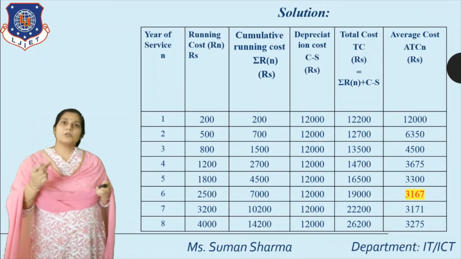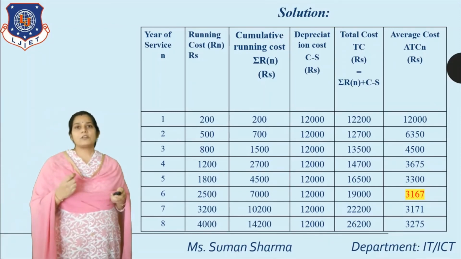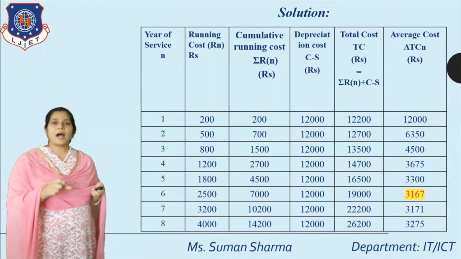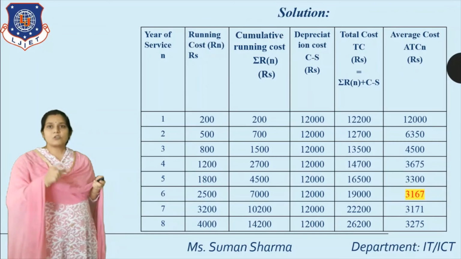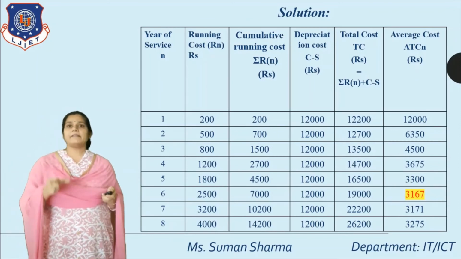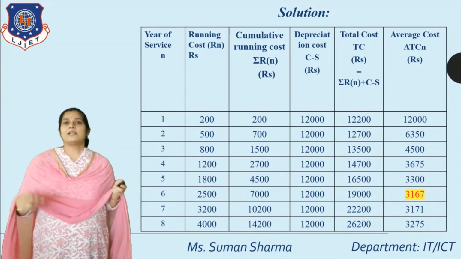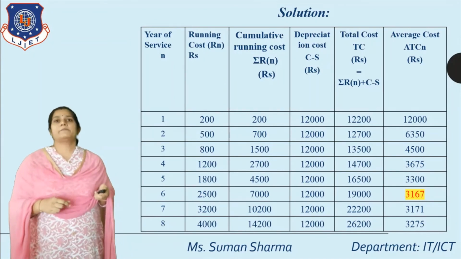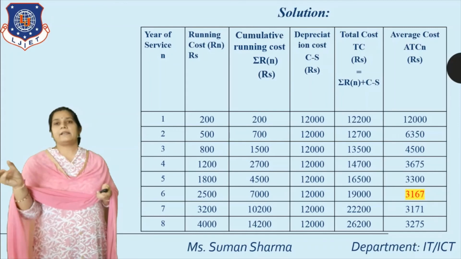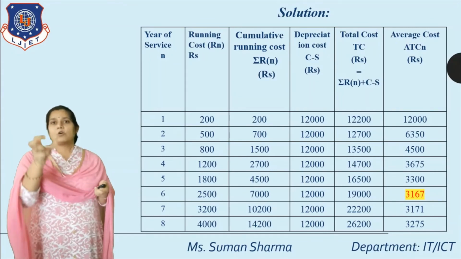What is the formula of total cost? Total cost is equal to summation Rn plus C minus S. That means we take the column of summation Rn and the second column C minus S. So we add 200 plus 12,000, that means 12,200.